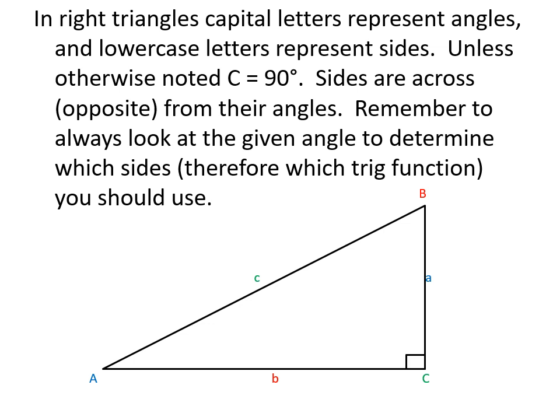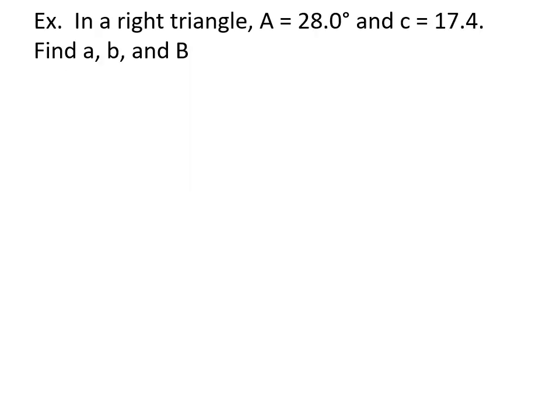And remember to always look at the information in the given angle to determine which sides and which trig function, more importantly, that you'll want to use. So, for an example, in the right triangle, A equals 28 degrees, C is 17.4, can we find side A, side B, and angle B?